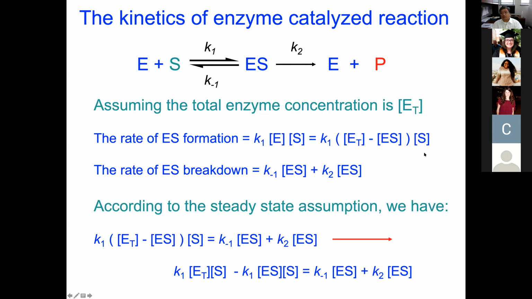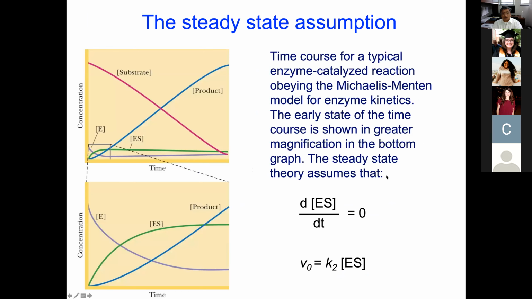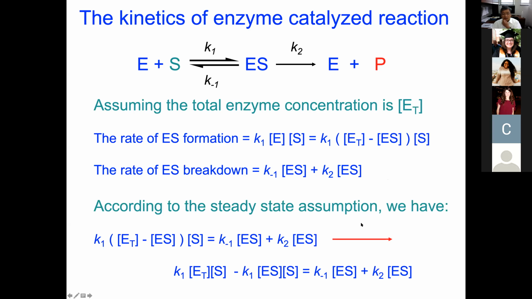And this is the reaction which results in the formation of ES. Because based on the steady state assumption, we know the rate for the formation of ES and the rate for ES breaking down is the same, because the ES concentration does not change by time. And that means the formation rate and the breaking down rate are the same.